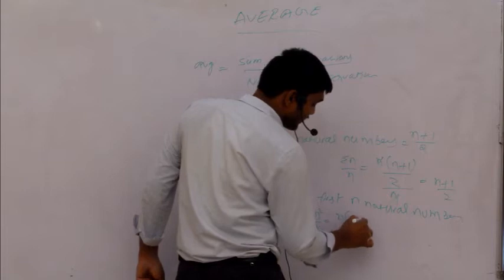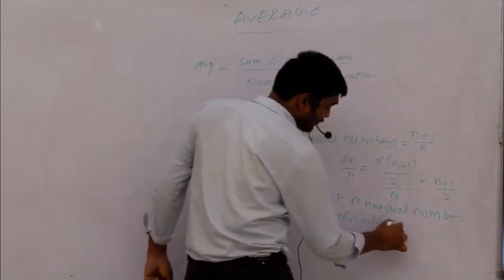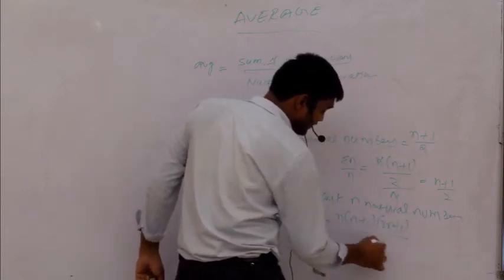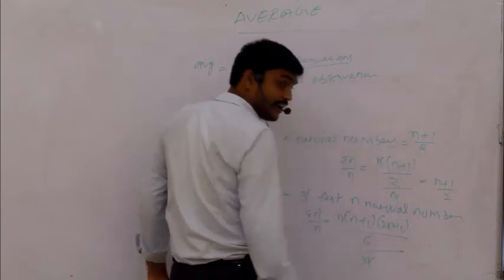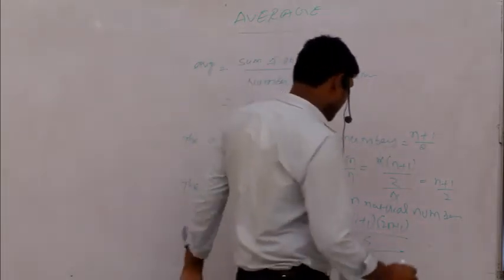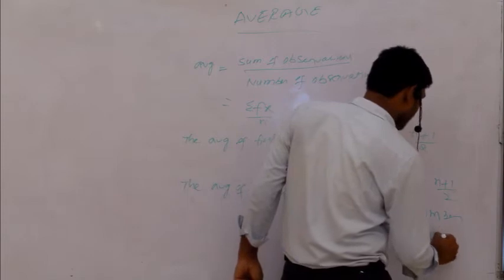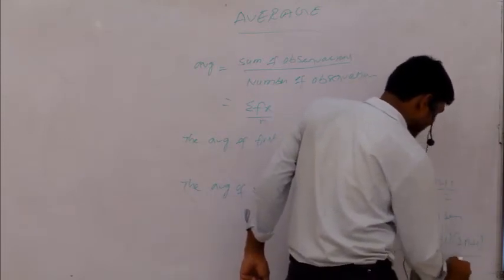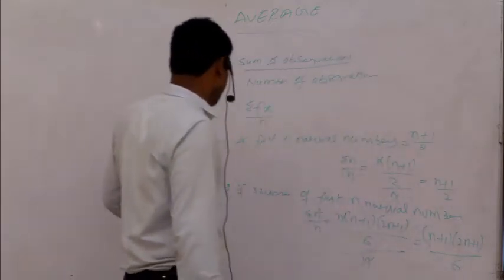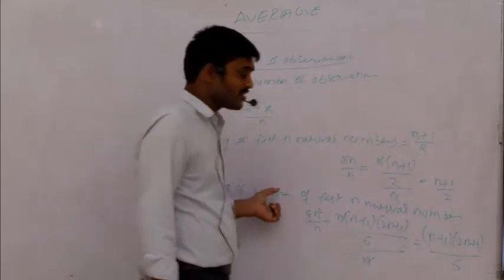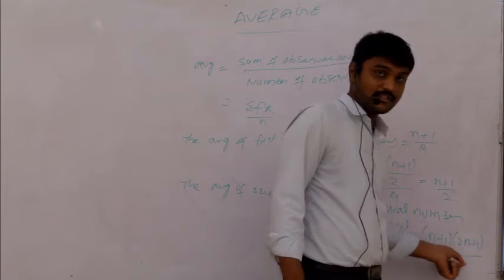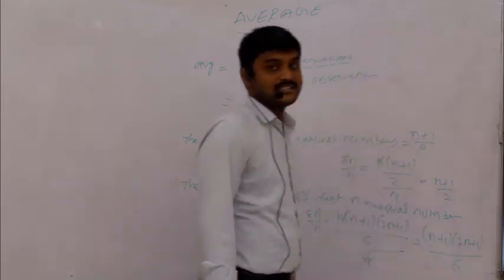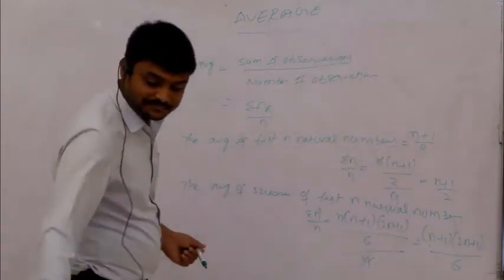So, that is n into n plus 1, 2n plus 1 by 6, by n. So, n cancel, that's why average is n plus 1, 2n plus 1 by 6. So, the average of the squares of the first n natural numbers is n plus 1 into 2n plus 1 by 6.